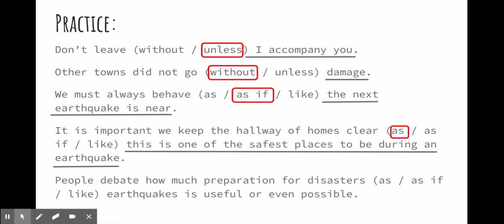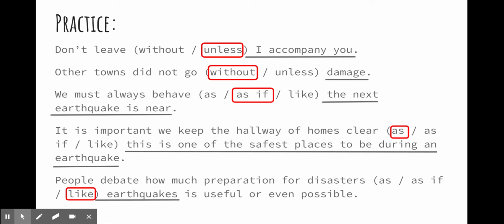Now, our final example. People debate how much preparation for disasters as if, or like earthquakes is useful or even possible. Which one makes the most sense there? Hopefully you picked like. Like is the only one that sounds correct, but it's also being a prepositional phrase, like earthquakes. Now, some of you may be confused there because you've got is useful or even possible.